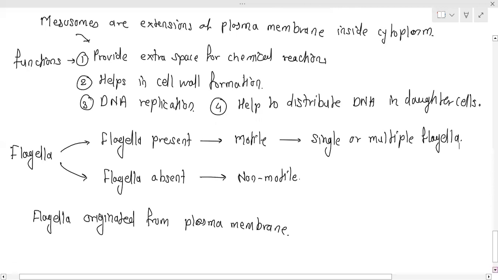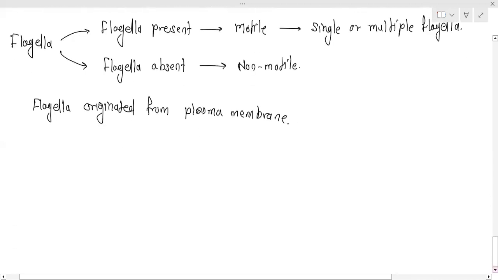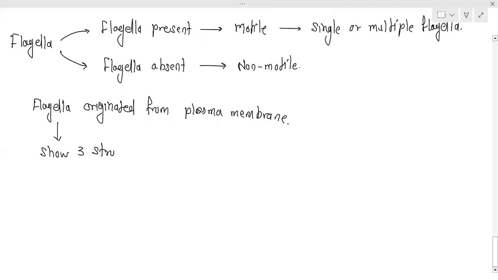The next thing you need to remember is that flagella show three structures. One structure is obviously the basal body. Try to understand. Suppose this is the plasma membrane, and above it is the cell wall.